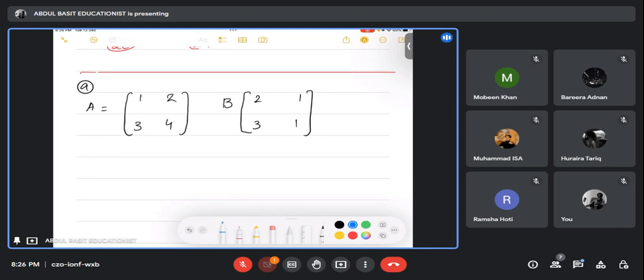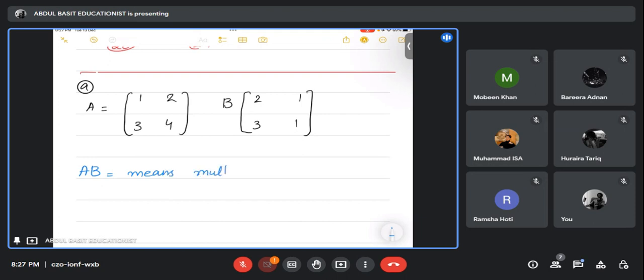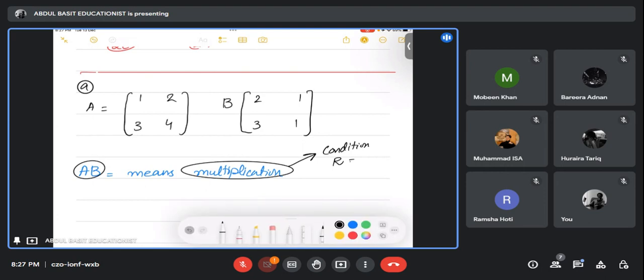The demand of the question from the examiner is AB. Okay. Means multiplication, because there is no symbol between A and B. So whenever you see this word multiplication or you see this thing, remember that condition we have learned just a few seconds ago: the columns of the first must equal the rows of the second.